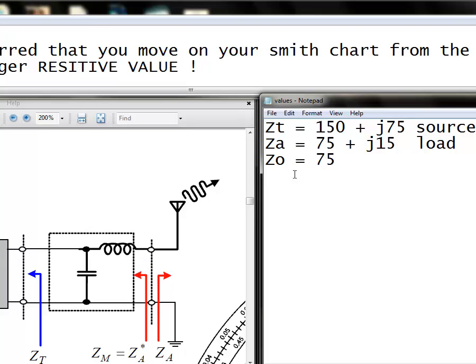Well, this is not compulsory. You can also move from your load to your source, but if you keep these points in mind, it will be easier for you to get done with any of your questions. So in this case we will be moving from ZT to ZA.